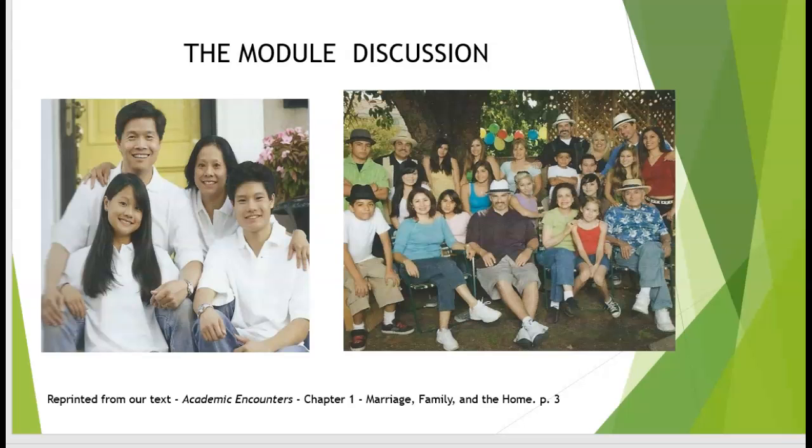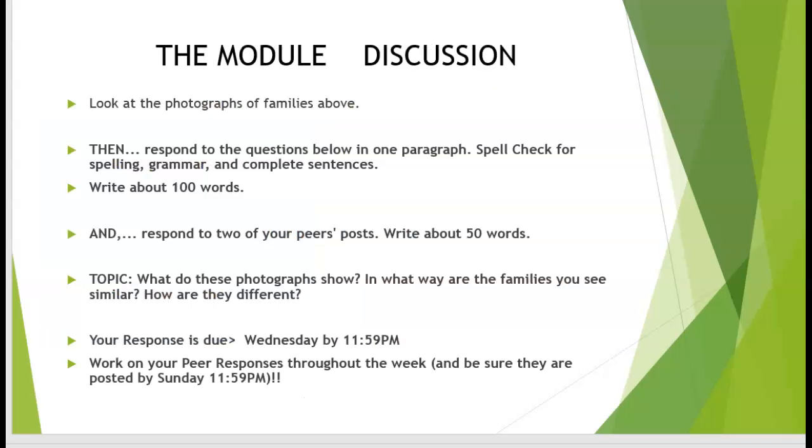I will be using it for future modules, but those are the photos, and basically the students are analyzing. They're looking at the photos and really determining what they mean, and the question is, what do the photographs show, and in what ways do you see the families as similar, and how are they different? So there's a lot of analysis that is involved here.